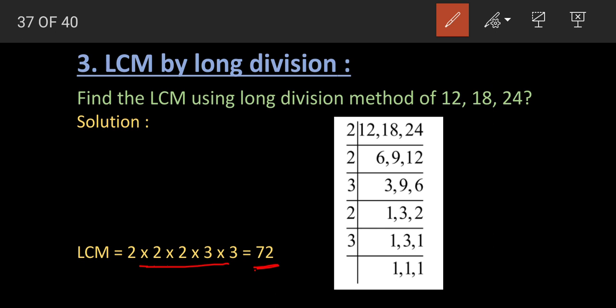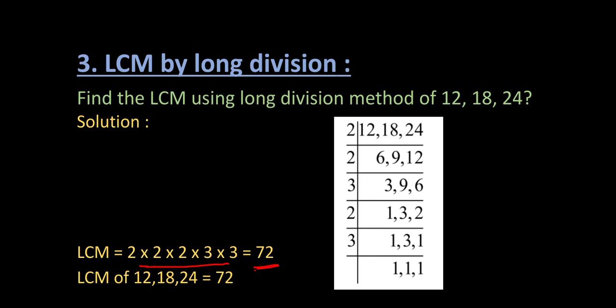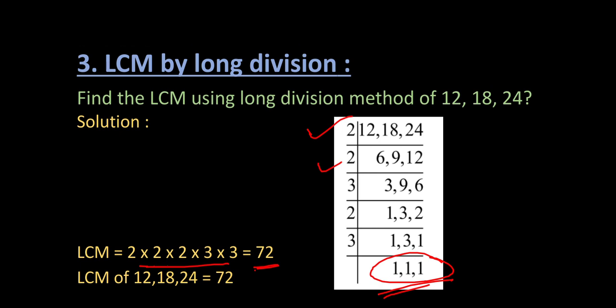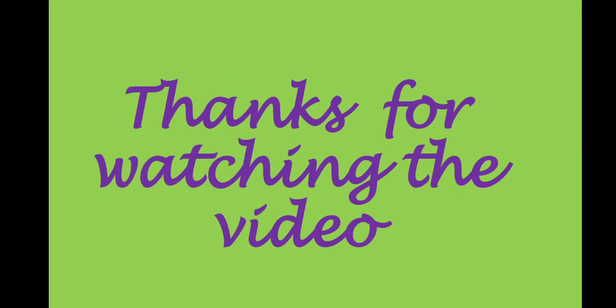So you can say that 72 is the LCM of these numbers. So the LCM of 12, 18 and 24 is 72. So you have to divide repeatedly with the help of prime numbers in this way until you are getting 1 in all the numbers as remainder. Okay, that's all. Thank you, students.